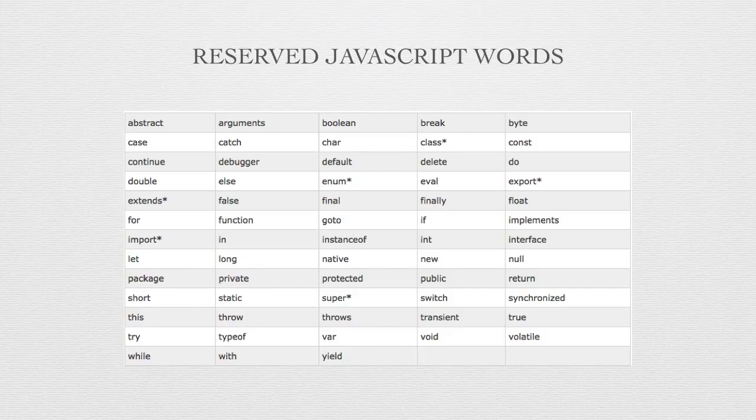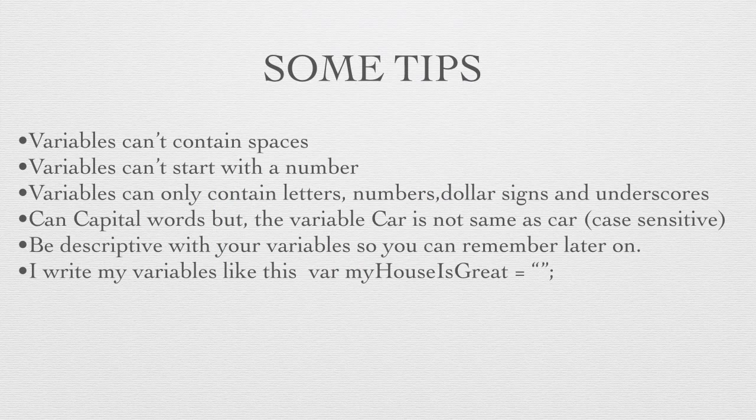So now let me give you some tips. Let's jump into the next slide. One of the first tips is, variables cannot contain spaces. So never put spaces in variables. They also cannot start with a number.